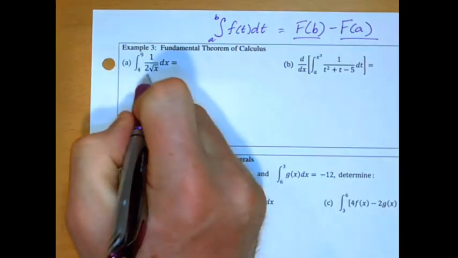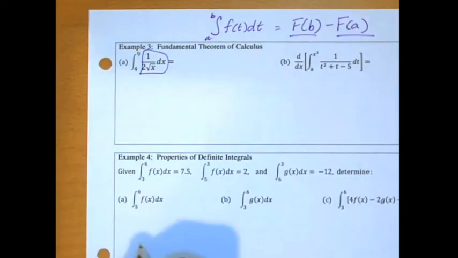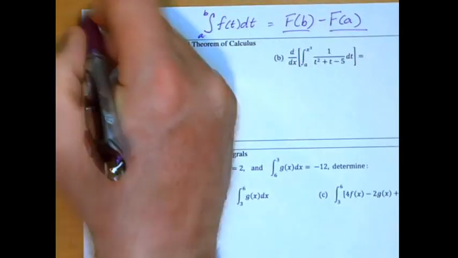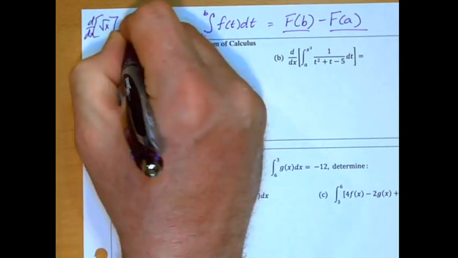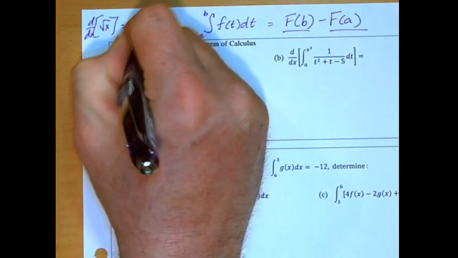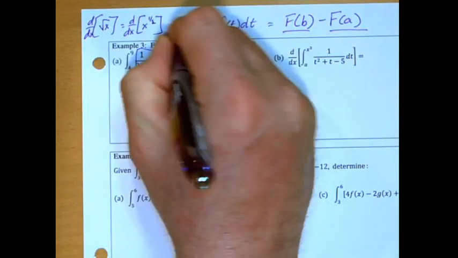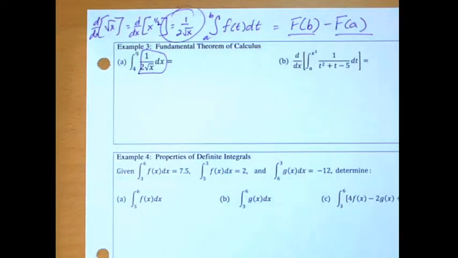In this case, this right here is one of those common ones that maybe you should commit to memory: the derivative of x to the 1 half power is 1 over 2 root x, or 1 over 2 square root of x. So always, that one never changes.